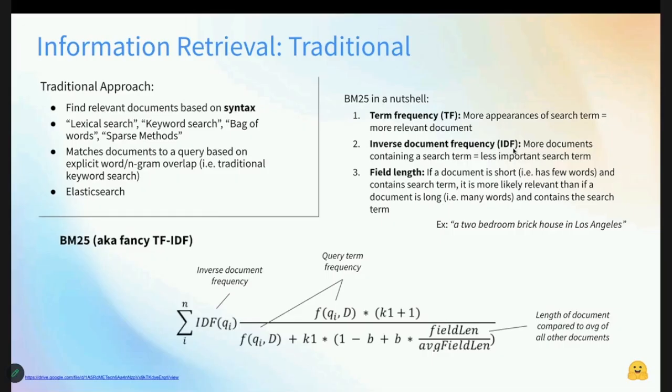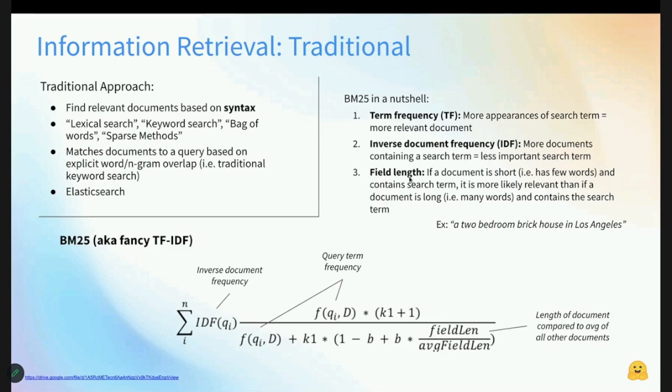Weighted by this inverse document frequency. So the more documents there are in the corpus that contain a search term, the less important that search term should be. So in this example here, you see words like a or in or the. These are very commonly occurring words. And since they occur in just about every single document in your corpus, those terms shouldn't be heavily influential in ranking relevant documents.